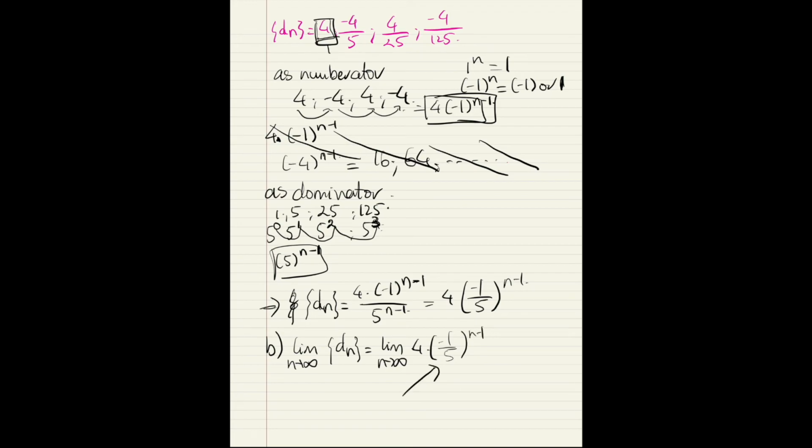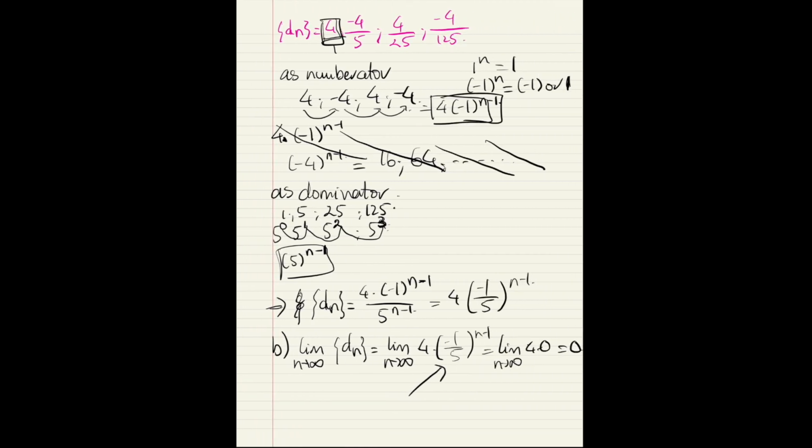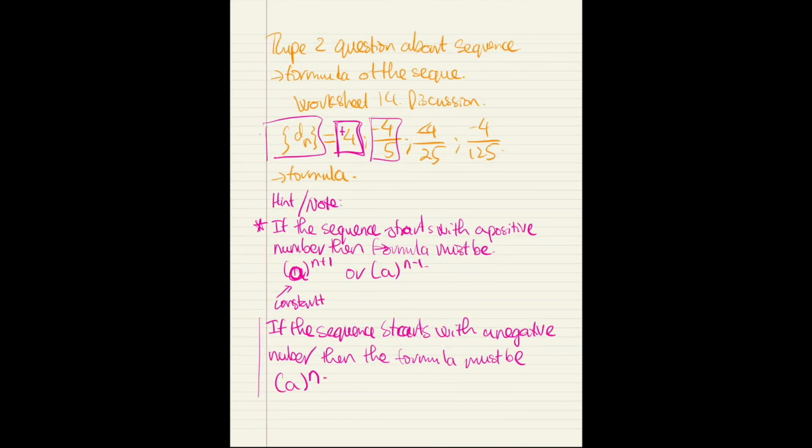Using the squeeze theorem for this one, it is equal to the limit as n goes to infinity of 4 times 0, which is 0. And then the second and the third question are asking about series, so I don't really want to do it right now, we can do it later. Okay, so now we are done with the type 2 question, which is about the sequence, asking what is the formula of the sequence.